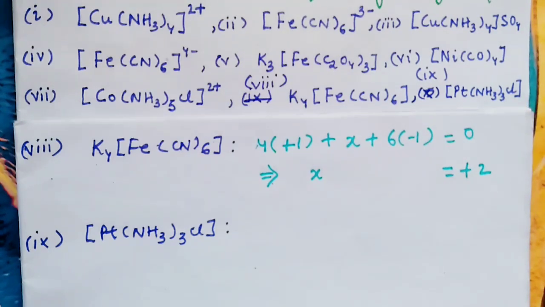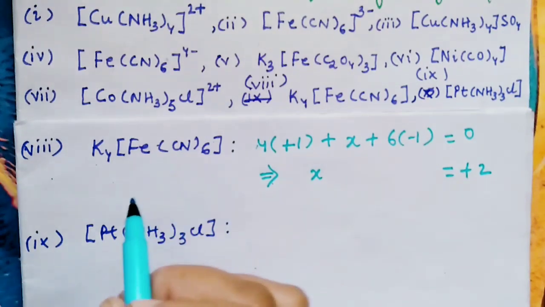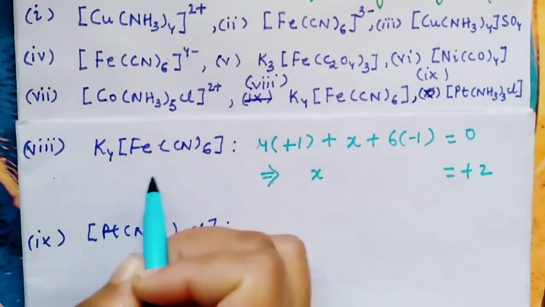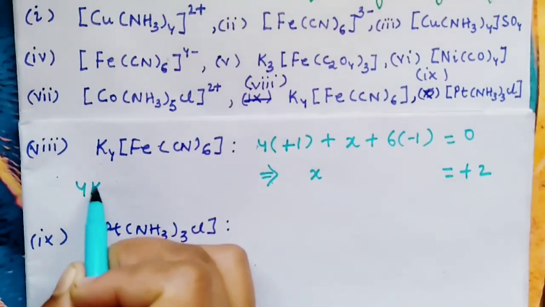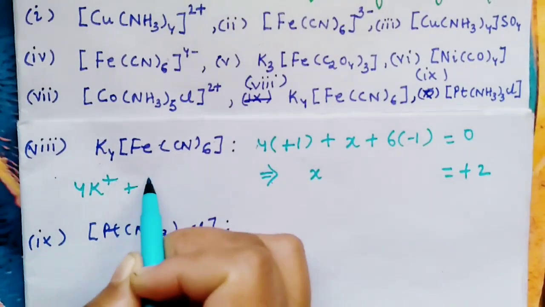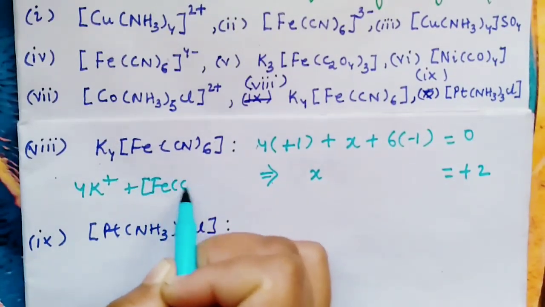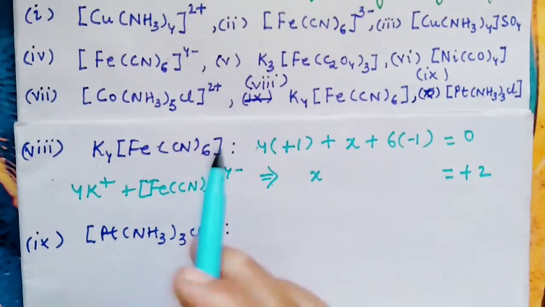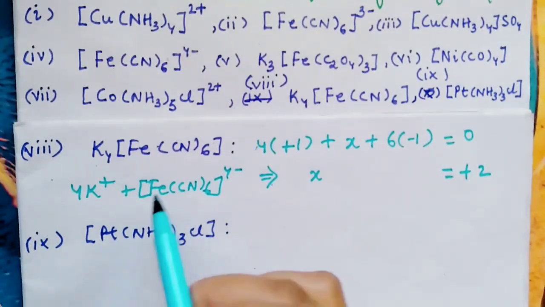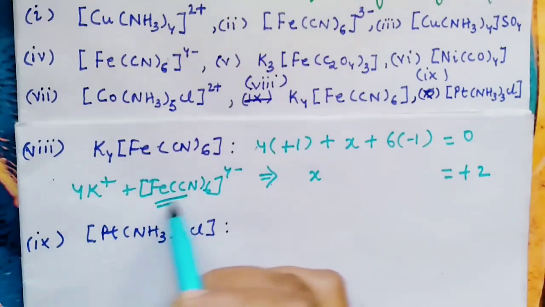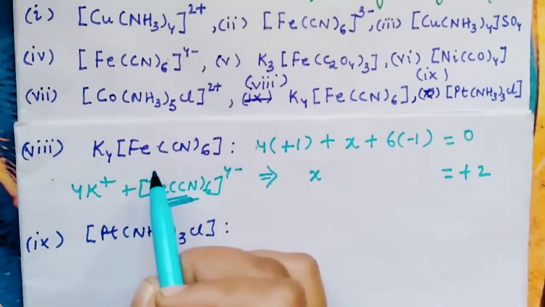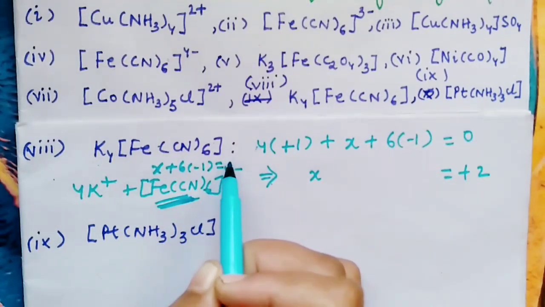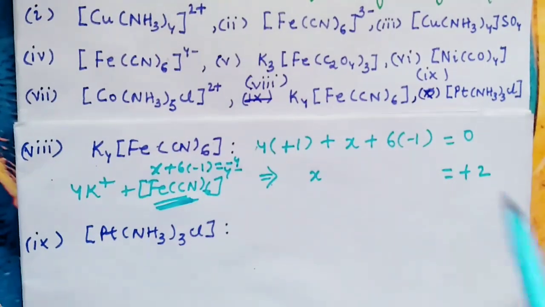Or if you want to calculate in another way, this one dissociates as 4K plus and Fe(CN)6 4 minus. You can also calculate simply by taking this one, that is, you write X plus 6 into minus 1 equated to minus 4. So it gives you plus 2 only.